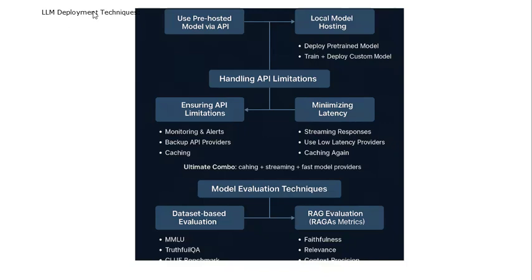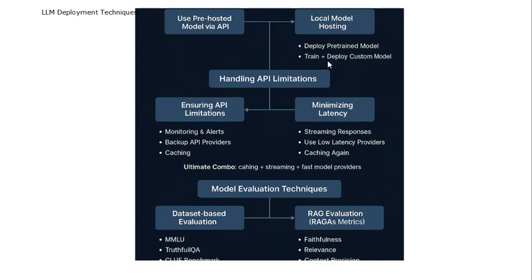Coming to LLM deployment techniques, these are the available ones. You can use an already pre-hosted model, or a pre-hosted model with some RAG implementation, or you can take a pre-trained model and deploy it on your local machine and host it, or use that deployed model on your local machine with the RAG technique.